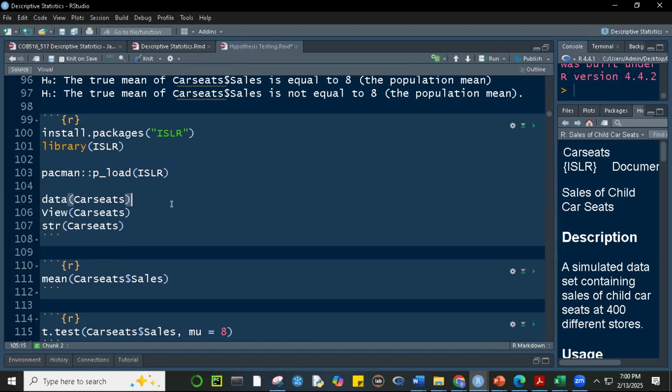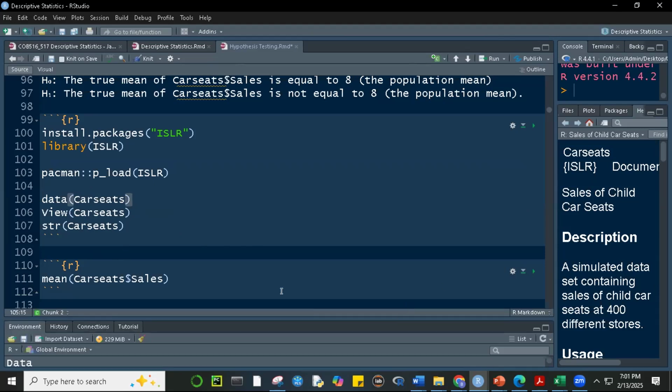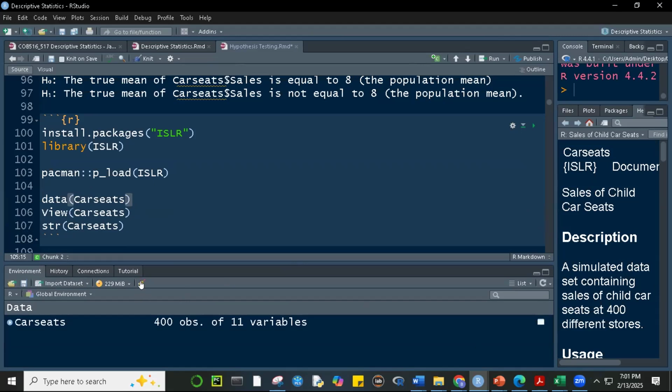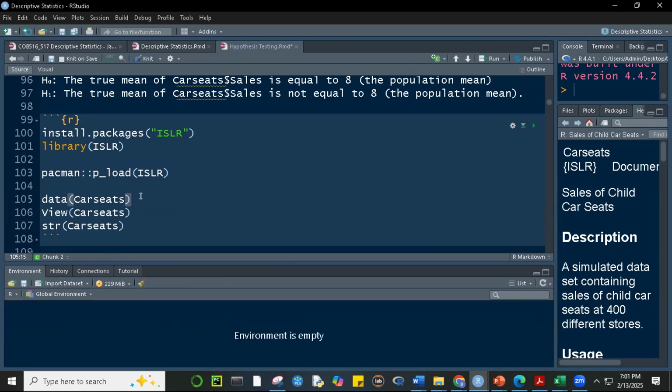Okay, so I want you to write this. Also view and also structure of the data. Let me remove this first. So if I click this class, data car seats, control enter.